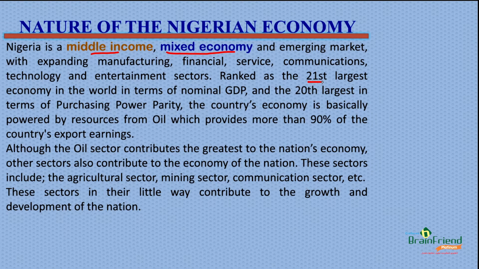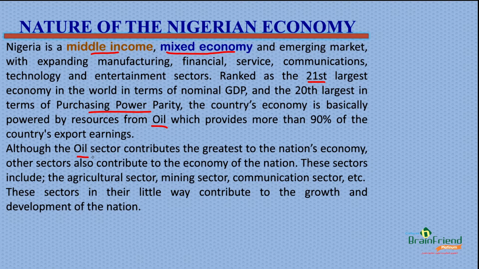Ranked as the 21st largest economy in the world in terms of nominal gross domestic product and the 20th largest in terms of purchasing power parity, the country's economy is basically powered by resources from oil, which provides more than 90% of the country's foreign reserve earnings.